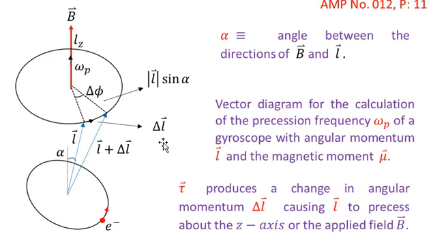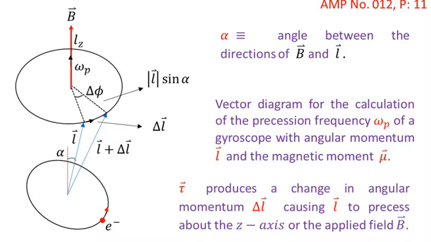Delta L projects an angle delta phi, and omega p is the angular frequency, where p stands for precessional, the precessional angular frequency of the vector L about the vector B. This is the precessional motion of the vector L about the vector B.